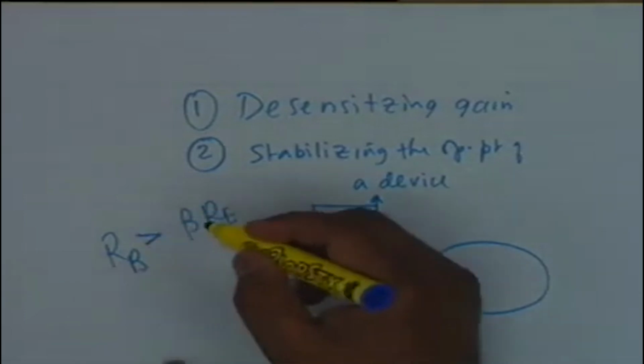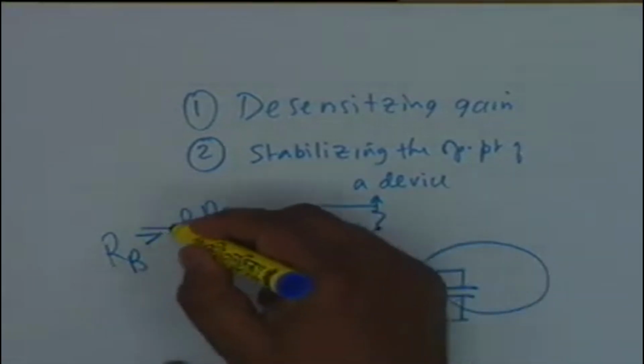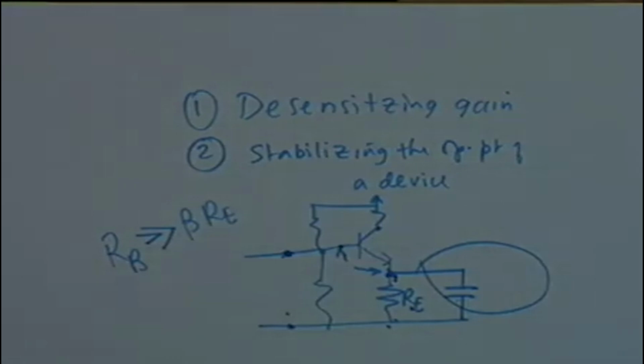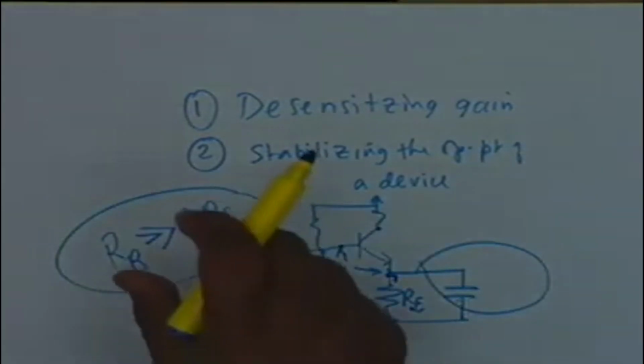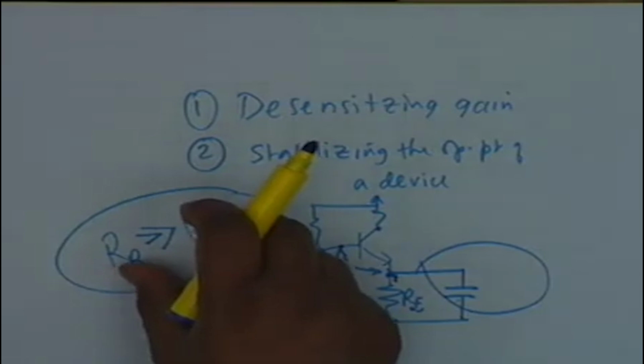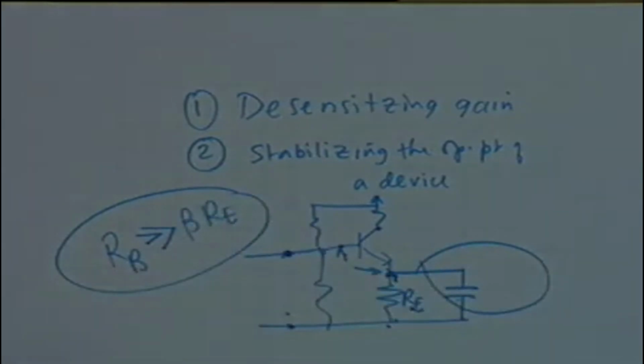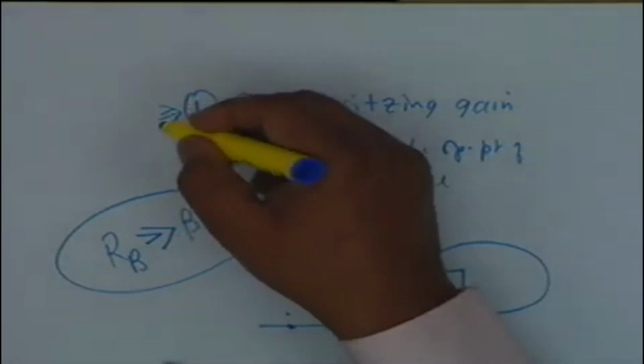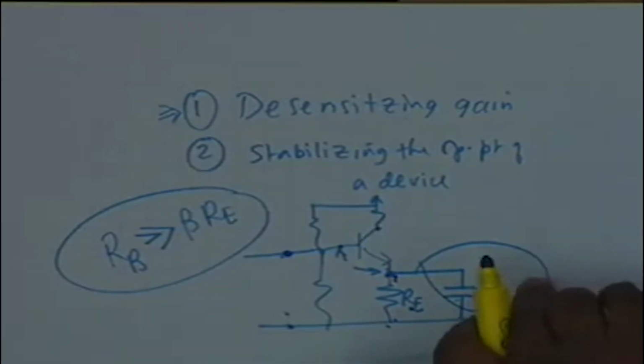RB should be much greater than beta RE, by which we mean RB should be greater than beta RE divided by 10. All right. This is the design consideration, and if this is satisfied, then the operating point is stabilized, and this stabilization occurs because of negative feedback, DC negative feedback. At AC we are short circuiting this. Because of DC negative feedback, the operating point is stabilized. We shall look at desensitizing of gain a little later.